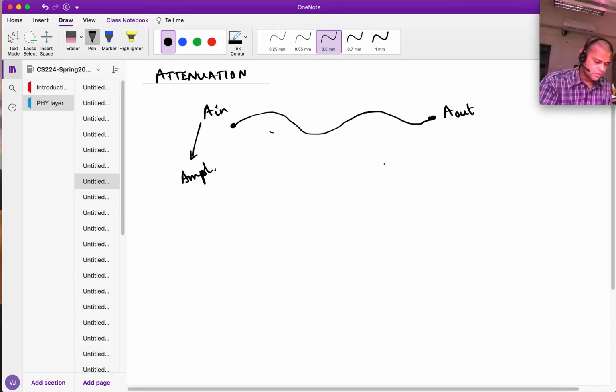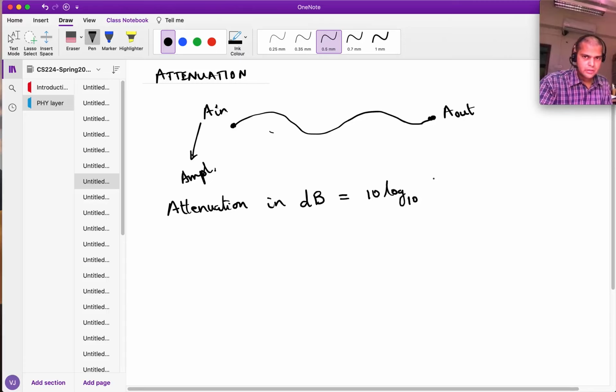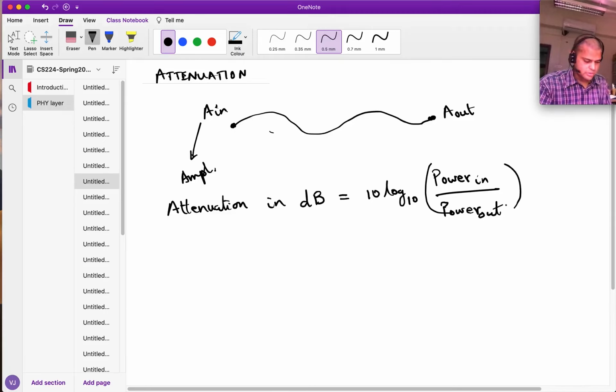Okay. So the attenuation is measured in decibels. It's given by 10 log to the base 10 of the input power by the output power, the ratio of the powers, and power is essentially proportional to the square of the amplitude.